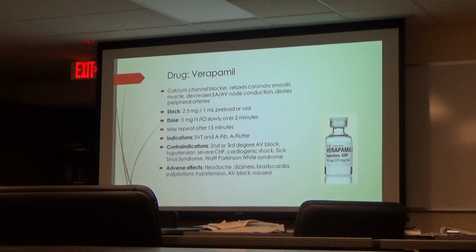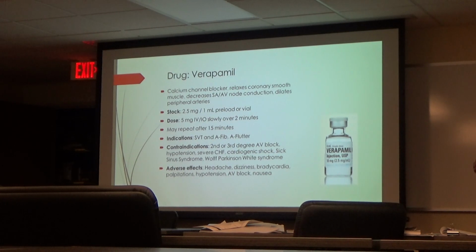So as I said, verapamil relaxes the coronary smooth muscles within our patients. It decreases SA and AV node conduction, so it's slowing down those atria and slowing down the impulses getting to the ventricle. It will also dilate our peripheral arteries, which can cause a patient to become hypotensive.